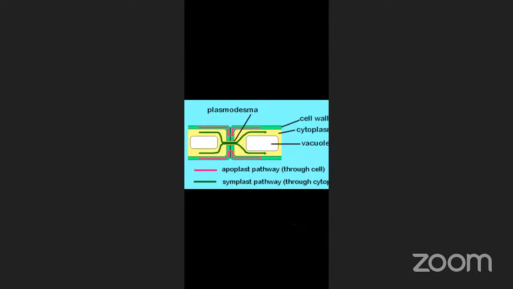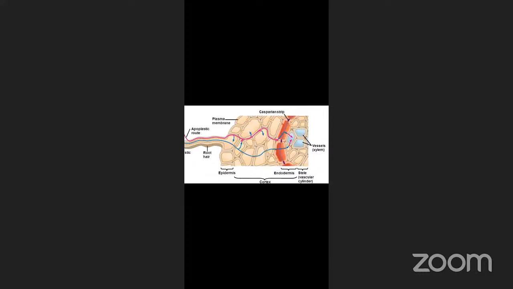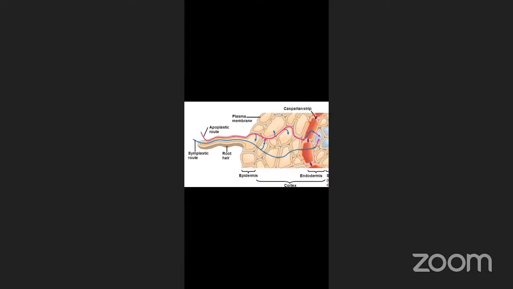And I would like to share another diagram this way. Is it clear? Diagram, hello? Yes, sir. Right. In this diagram also, you can observe the apoplastic route, the pink line. The pink line is apoplast, actually this is the root line.